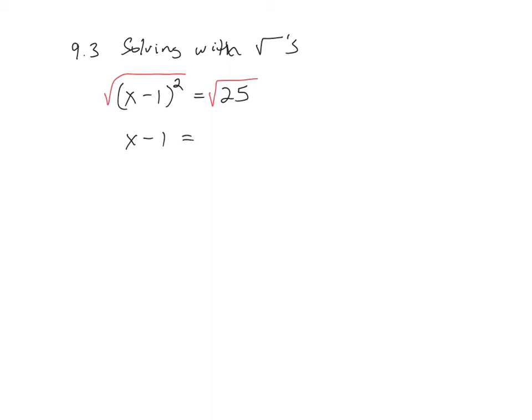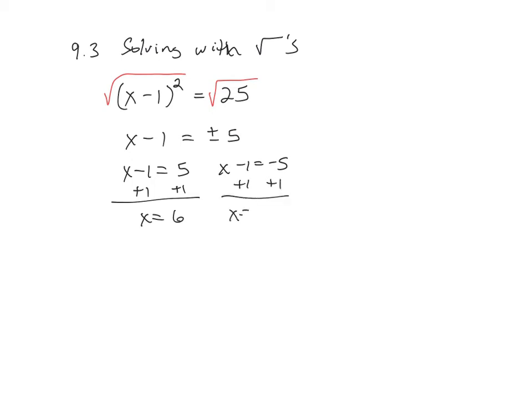And then the square root of 25, remember, is positive and negative 5. So we're going to do x minus 1 equals 5, and x minus 1 equals negative 5. Because remember, with something that's squared, there are two answers. So we have to do our positive side and negative side.